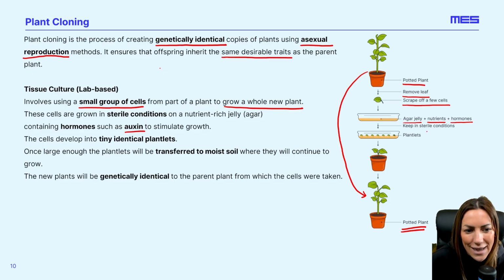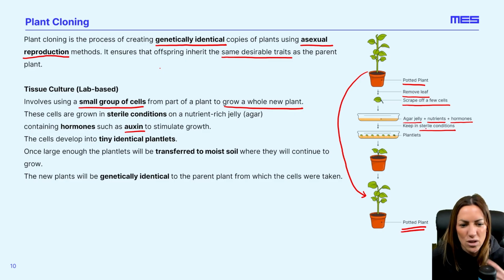Obviously keeping it in sterile conditions, so there's no bacteria, no fungi, not going to cause any infections to the plants as they grow. But yes, you provide it with the nutrients it needs to grow, such as amino acids and mineral ions. You provide it with auxins to stimulate growth, and those plants will start to grow into teeny tiny little plants that we call plantlets.